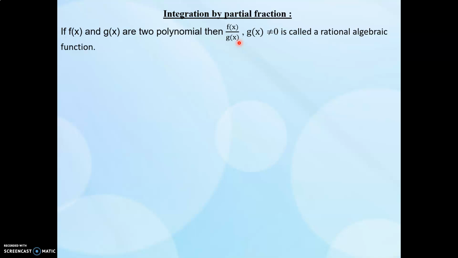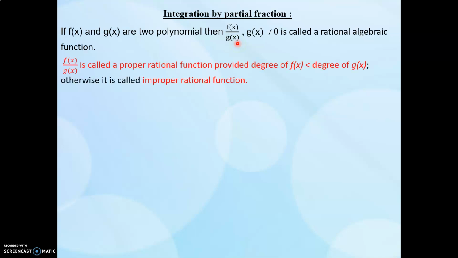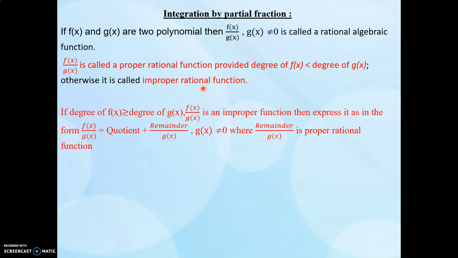integration by partial fraction. So here two polynomials we consider, f of x and g of x, and the denominator not equal to 0. Then it will be a rational algebraic function. Then you have to check the degree of both the numerator and denominator. So if the numerator degree, that is f of x degree, is less than degree of g of x, then this fraction is called a proper rational function.